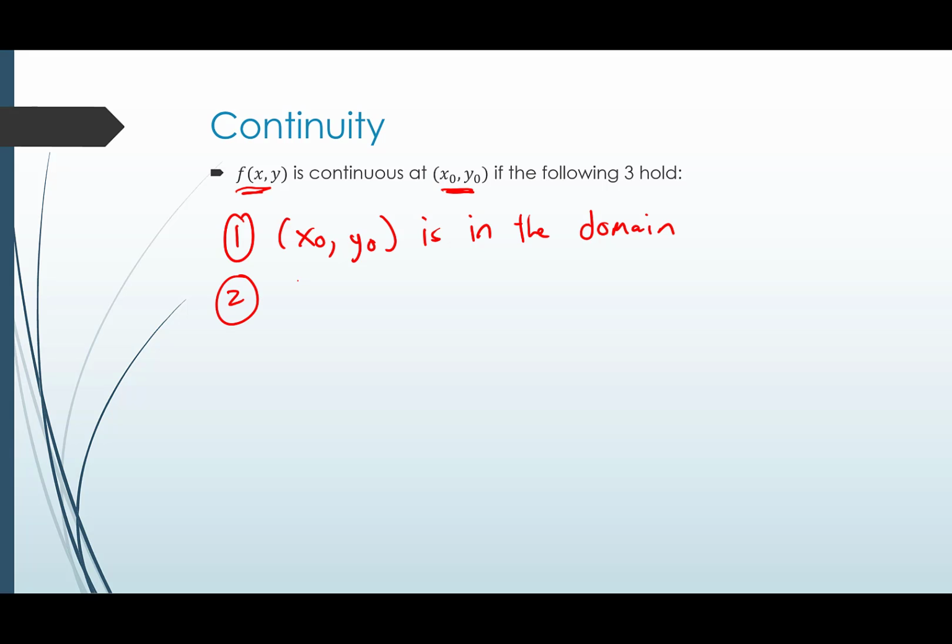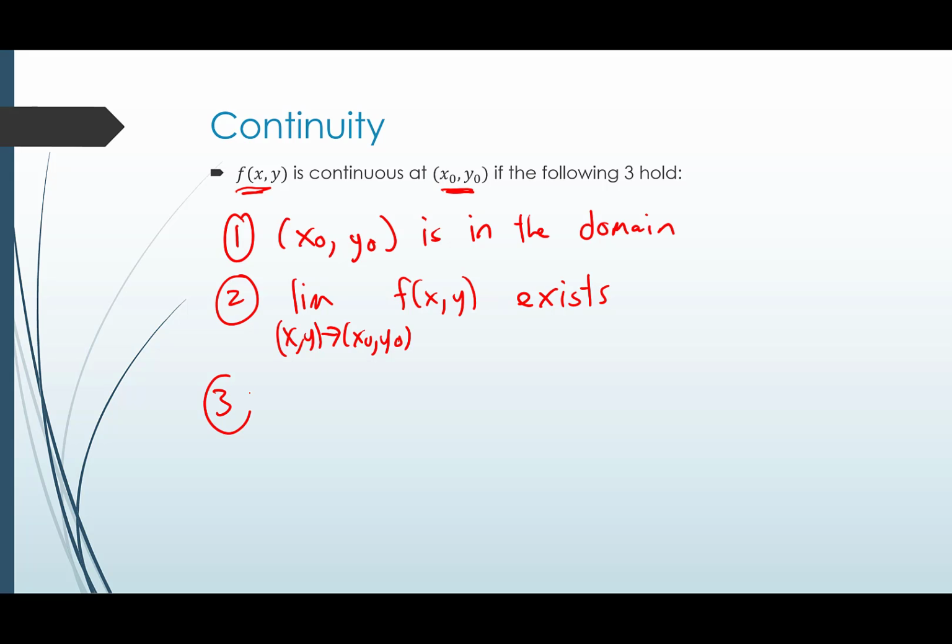Two, the limit as (x,y) approaches (x naught, y naught) of your function exists. If we take the limit to the point we're looking for continuity at, this needs to exist for the function to be continuous at that point.